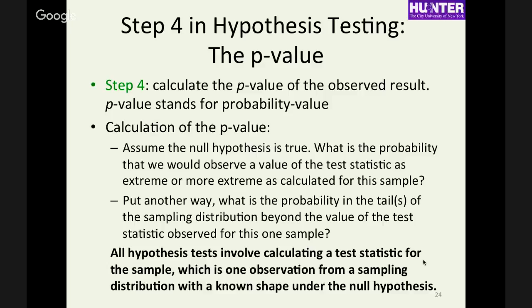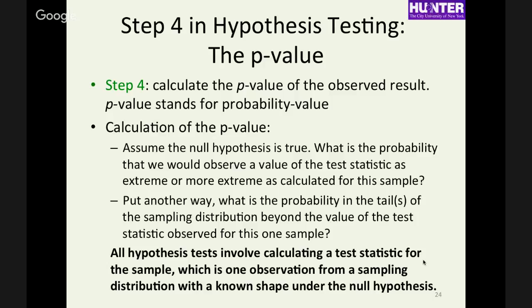On calculating the p-value, just to summarize this slide, the p-value is calculated on the presumption that your null hypothesis is true. You're calculating the probability of drawing a sample with the mean that you observed or something more extreme. That is the mathematics of the calculation of a p-value.